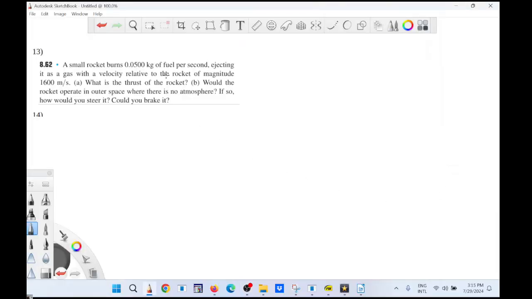So here you are just applying the rocket equation, and it's in your equation sheet, I think, and it's from your book, University Physics again.